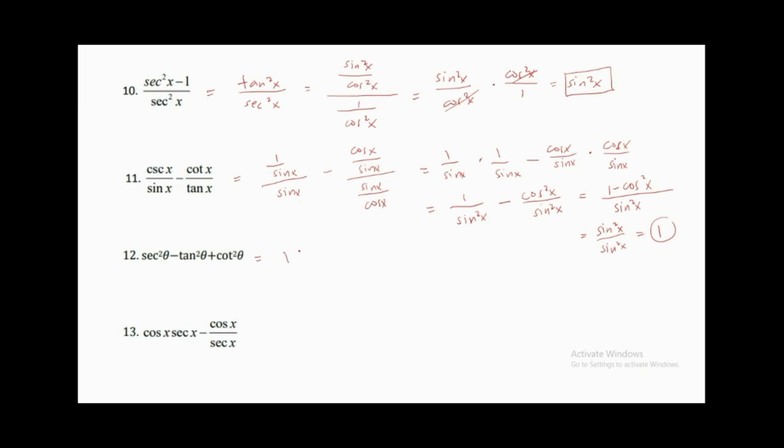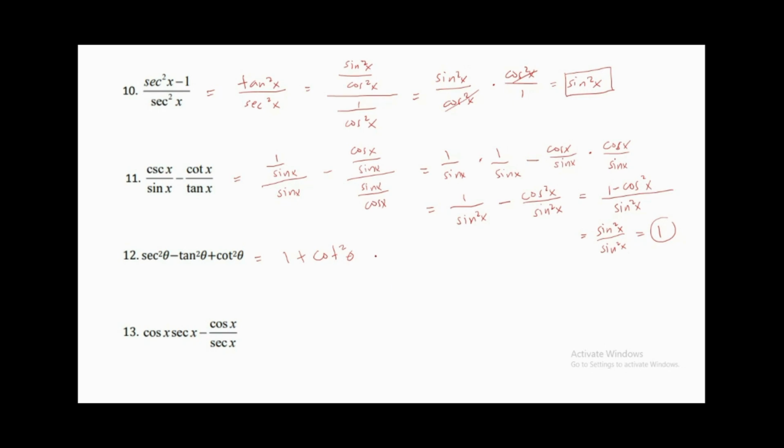So this becomes 1 plus cotangent squared theta, because secant squared theta minus tangent squared theta is equivalent to 1. So what is 1 plus cotangent squared theta? That is also another identity. So 1 plus cotangent squared theta is equivalent to cosecant squared theta. So the final answer here is cosecant squared theta.